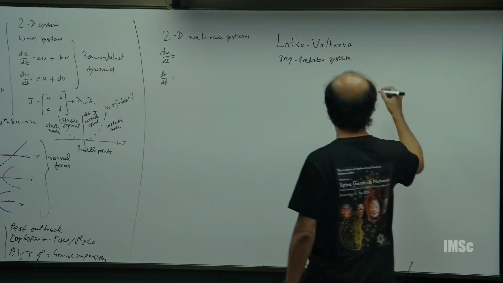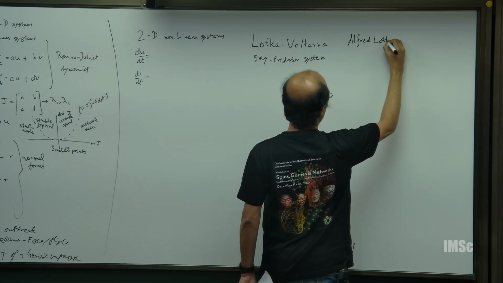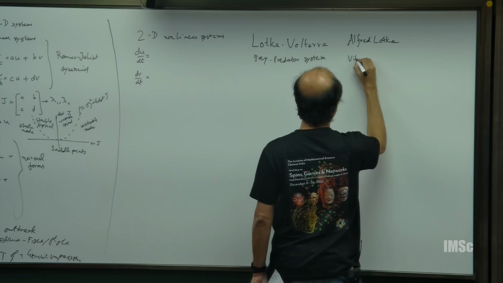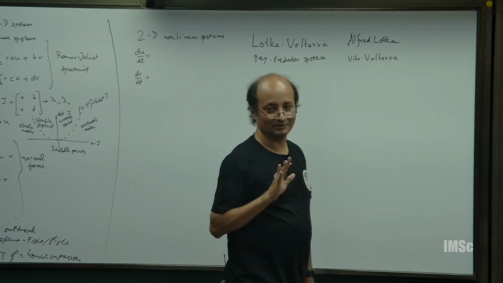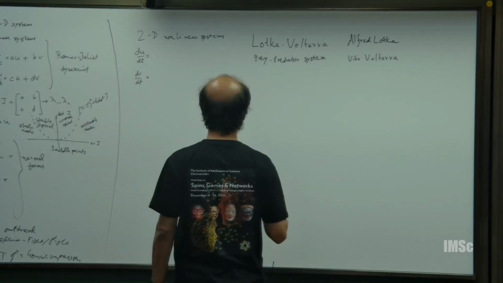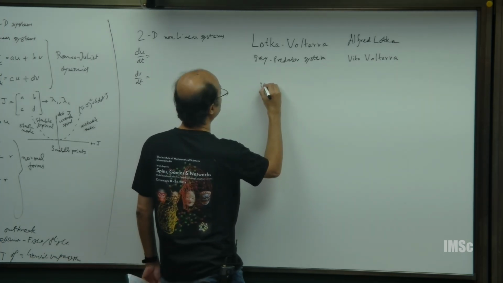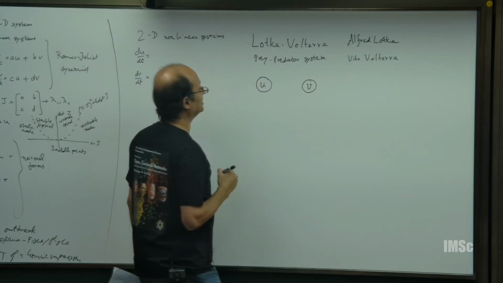So this is the Lotka-Volterra model, because two people, Alfred Lotka, who was a chemist but also a pioneering mathematical biologist from the US, and Vito Volterra, who was a mathematician in Italy, independently came up with this, but in completely different contexts. Alfred Lotka's context was, let's say U is the concentration of some chemical and V is the concentration of some other chemical.